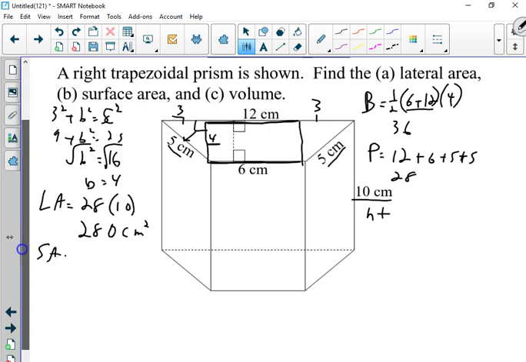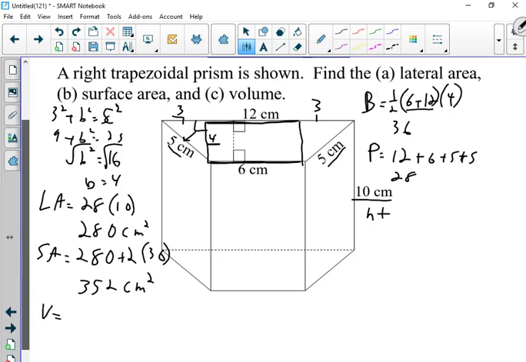Our surface area is going to be that 280 plus 2 times the area of the base, which is 36. So 2 times 36 is 72. We're going to add 280 to that, and we get 352 square centimeters.